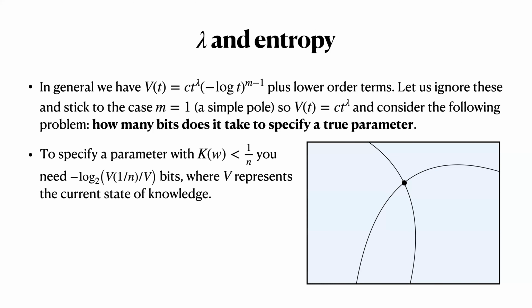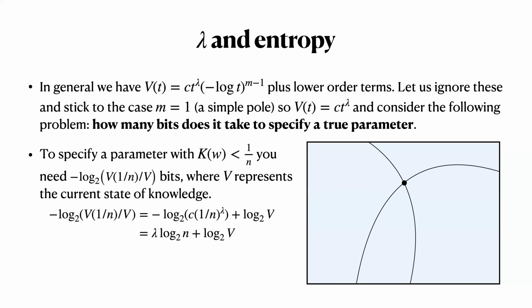Okay, so let's zoom in and do a little calculation. How many bits does it take to specify a parameter where K(w) is less than 1/n? Well, it's negative log base 2 of the volume of the set of parameters where this is true, which is V_{1/n} divided by V. V is the volume of some region, which is maybe where you ended up after you spent some bits to get near to this particular parameter.